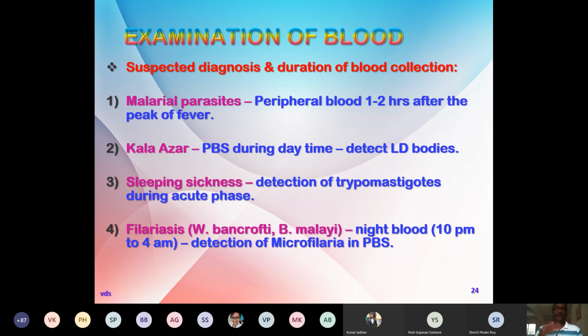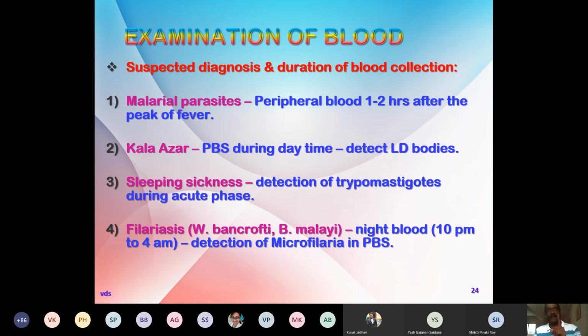Now, this fever attains a particular peak for a particular time, during which the released trophozoites or whichever form is released infect new peripheral blood cells and appear in the blood circulation as the fever starts subsiding. That is why, after 1 to 2 hours of the peak of fever, the parasite appears in the red blood cells in the peripheral blood.